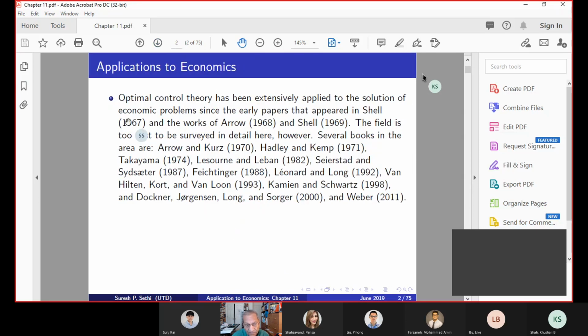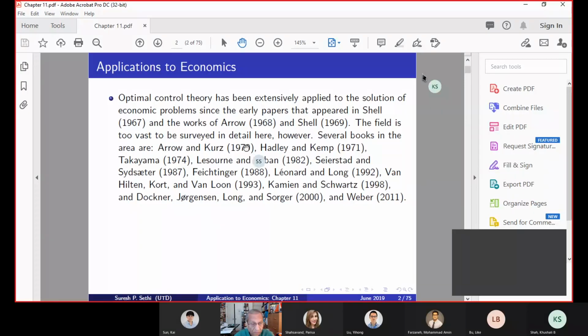Carl Shell, at Stanford at the time, and Arrow, at Harvard or Stanford at the time, were already applying optimal control theory to economic problems. Arrow and Kurz wrote a book in economics using optimal control theory.